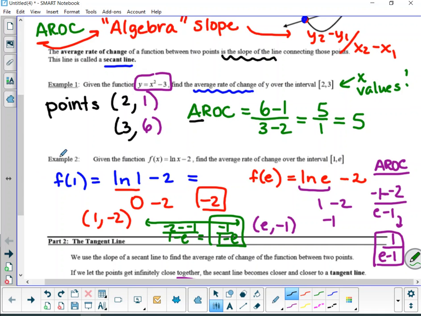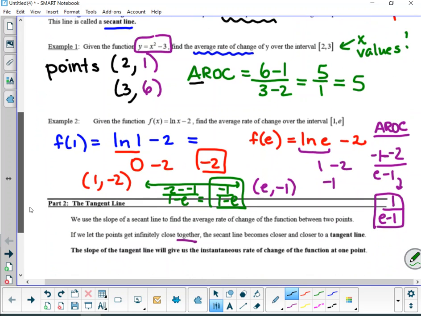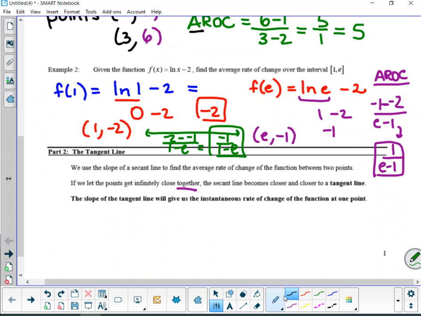Now, two points on the curve connected make a secant line. What we're going to do now is take the two points that are making the secant line and move them closer and closer together so that the secant line becomes closer and closer to a tangent line.